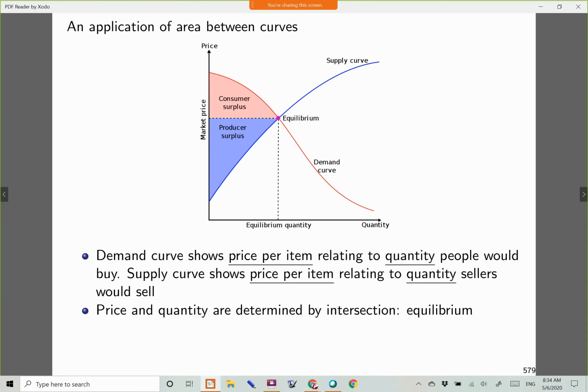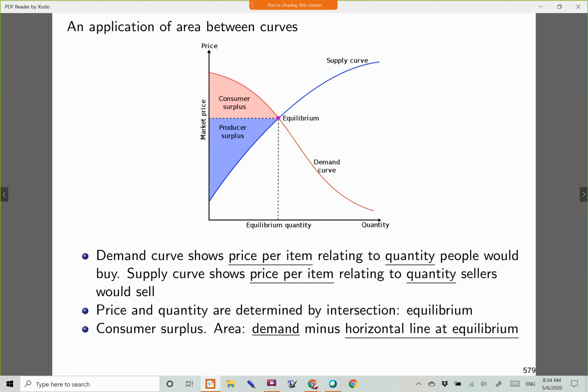But then there are these regions over here that I want to talk through. Over here, there's this area, shown in pink.